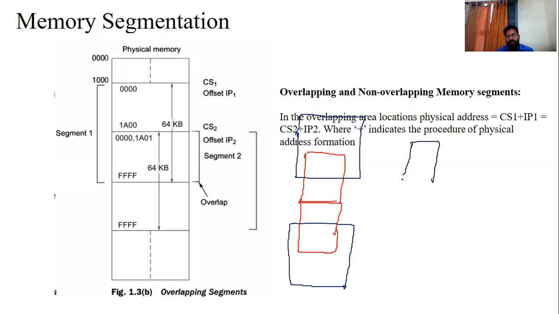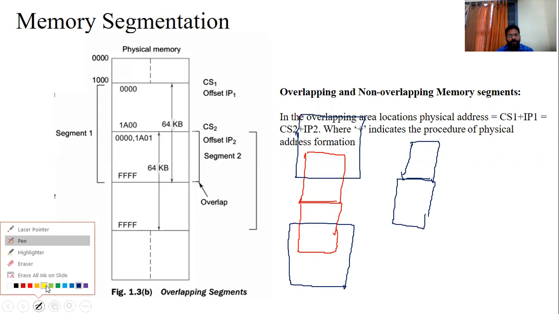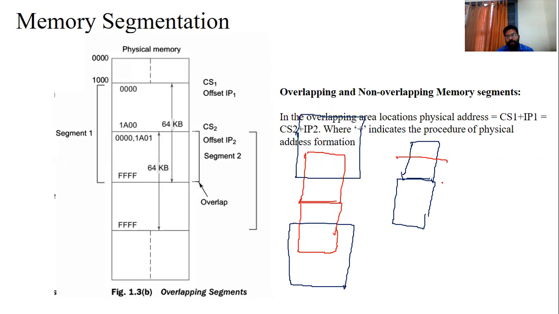Again, I can draw segment one, next segment two. Overlapping means it can overlap in any way. By combining half, it forms one other segment. This is 64 KB only, this is also 64 KB, and by combining these two it is 64 KB.